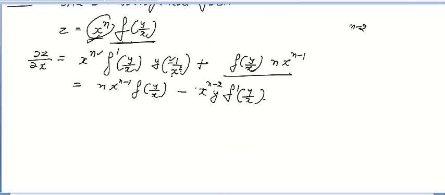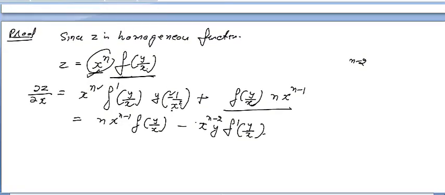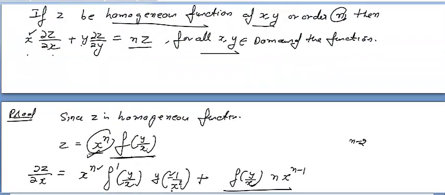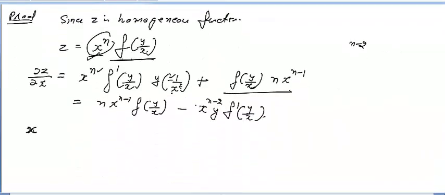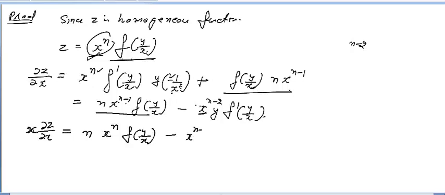Now in our theorem you need to multiply x with ∂z/∂x. I will multiply with x now. x times ∂z/∂x will be equal to n x raised to power n f(y over x), because the x and the minus 1 are eliminated, minus, when you multiply x with that, you get x raised to power n minus 1 y f'(y over x), f' only, no double dash.